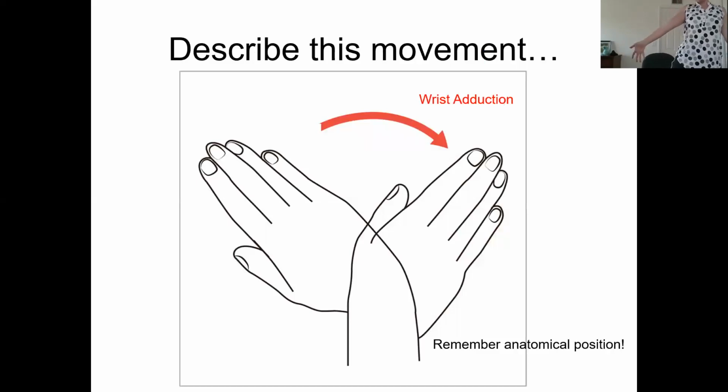You're moving it like this towards the midline. So that would be, towards the pinky part, that would be wrist adduction. What if I would say you're going the other way, right? If you're going towards the thumb, so away from the midline, that would be wrist abduction. So abduction, adduction.